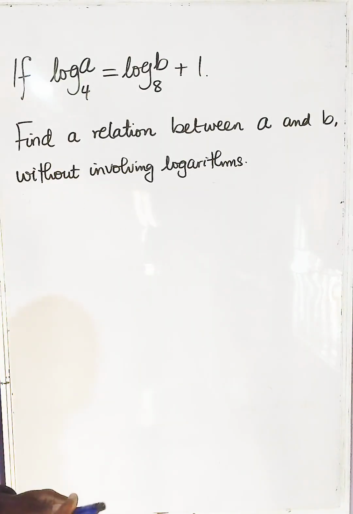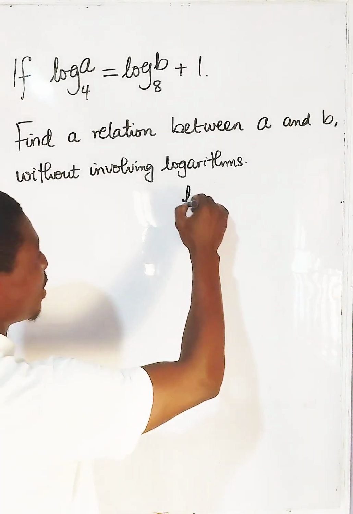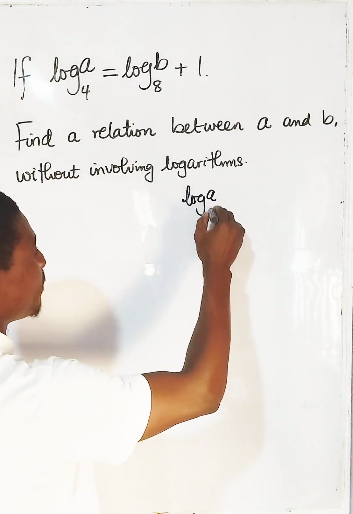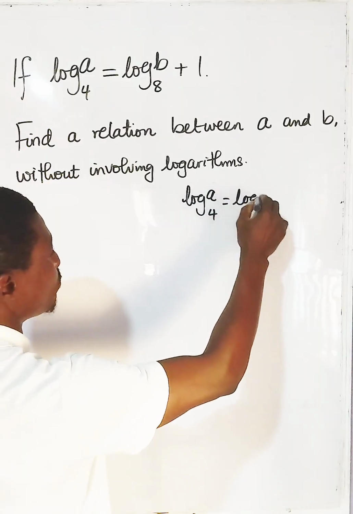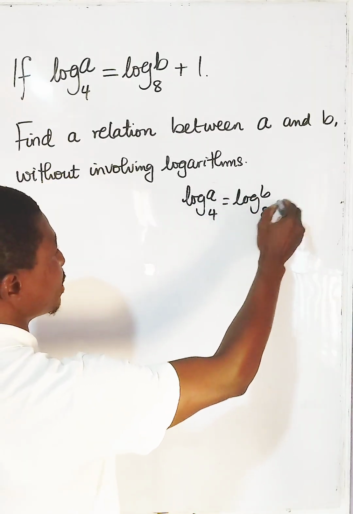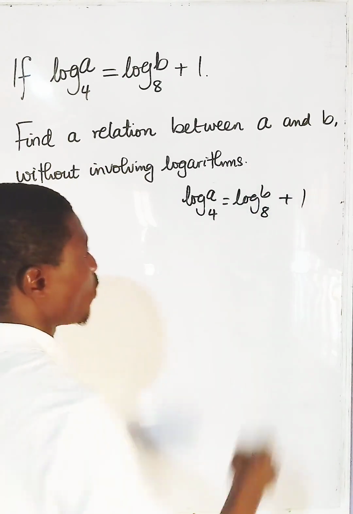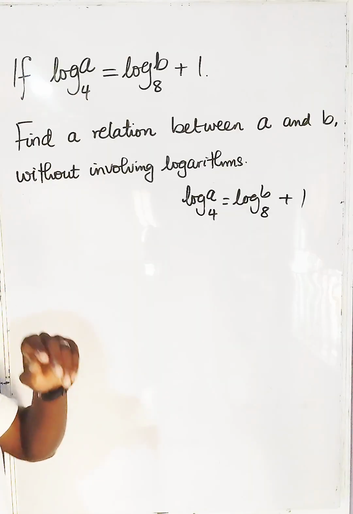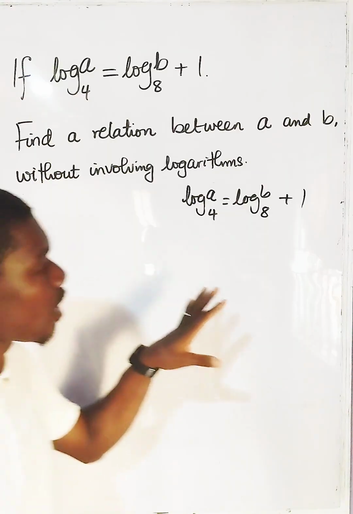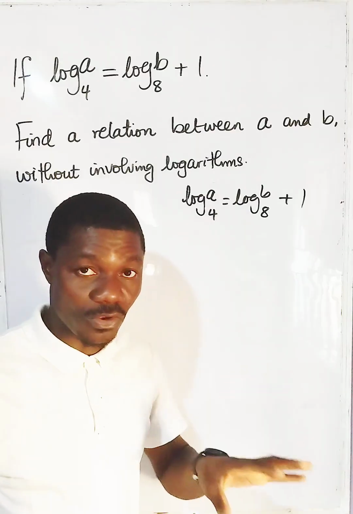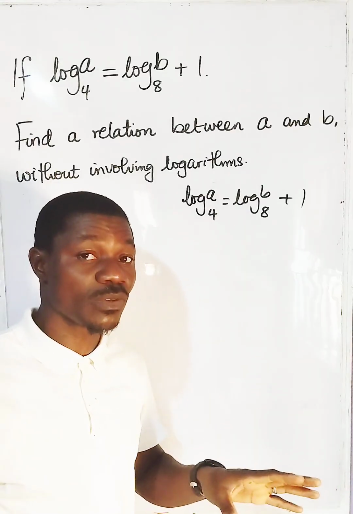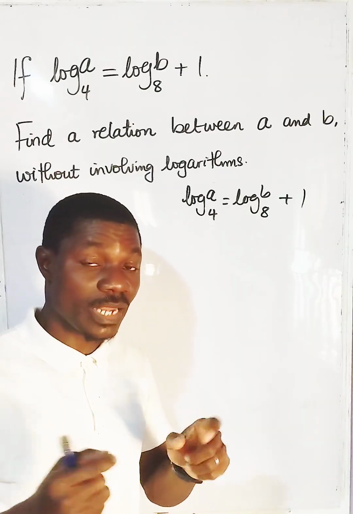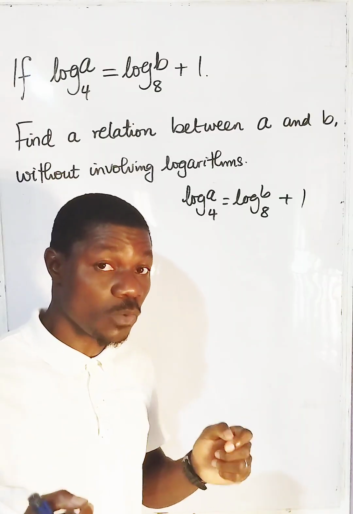Okay, let's get started. Now let us have it here that log A base 4 equals log B base 8 plus 1. First of all, since our final answer mustn't have logarithm, we'll find a way to ensure that we eliminate every logarithm in the equation.